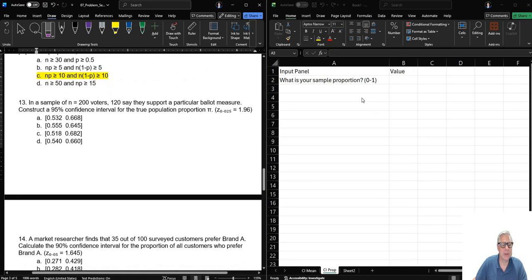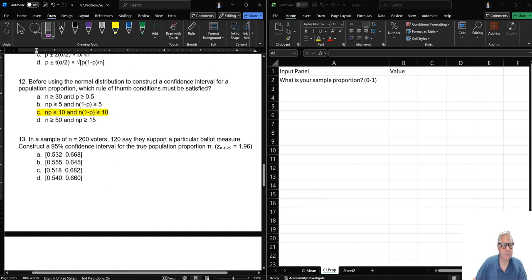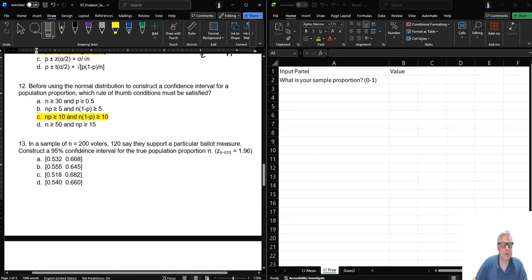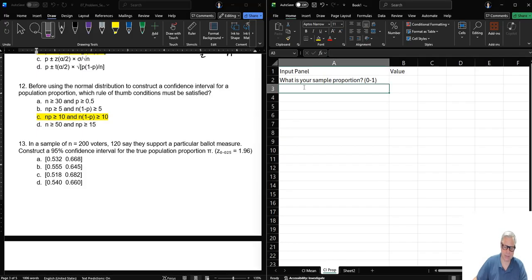Actually, we can already test our model for question 13. So in a sample of 200 voters, so that is our sample size. So that's the next question: what is your sample size?